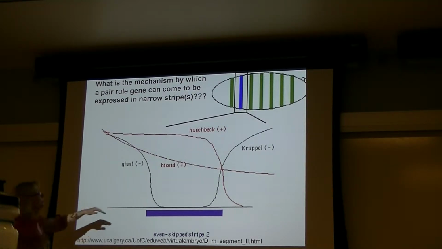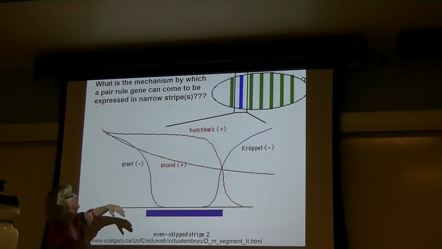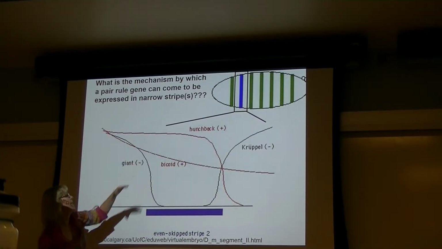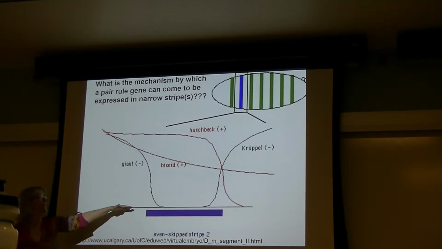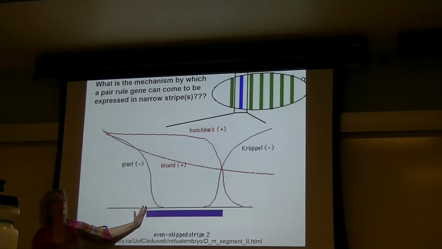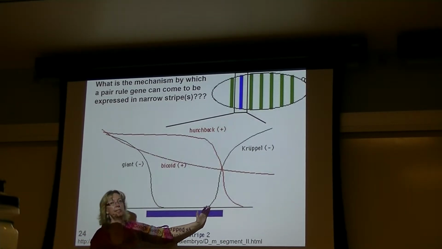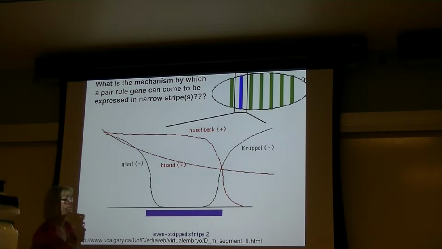So stripe number 2 is fairly close to the anterior, and we're going to get fairly high levels of bicoid. We're going to get fairly high levels of hunchback. Giant is one of the gap genes, and that seems to be expressing at high levels, more anterior to this, but dropping off right at this point. Kruppel is expressed in the posterior, and it's also just starting up right at this point.